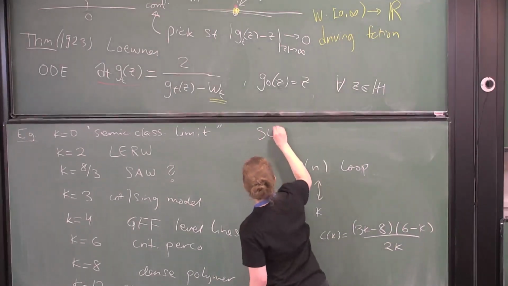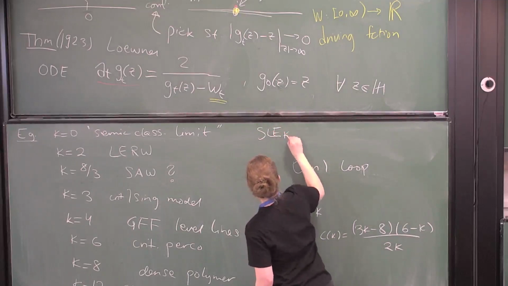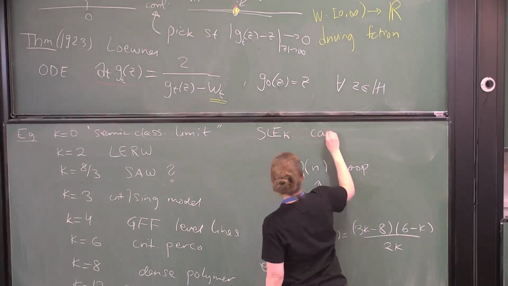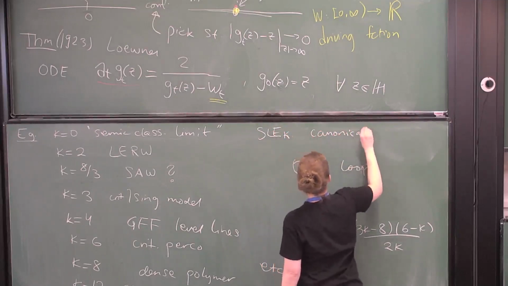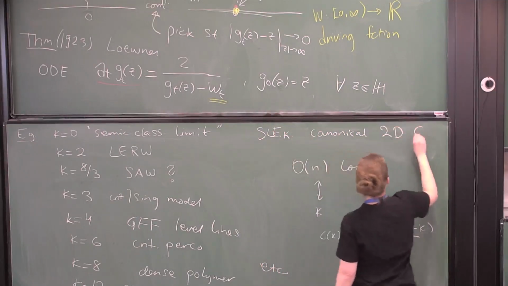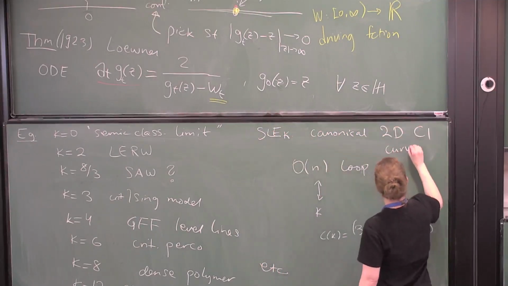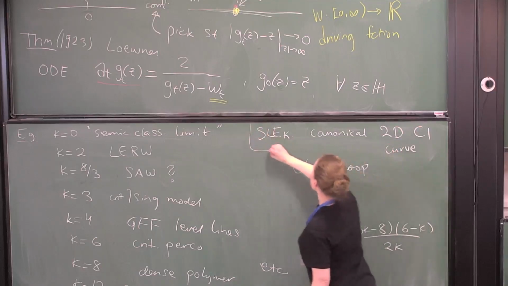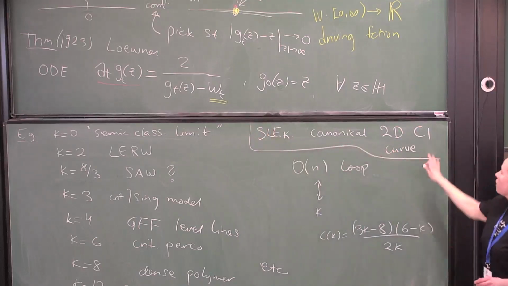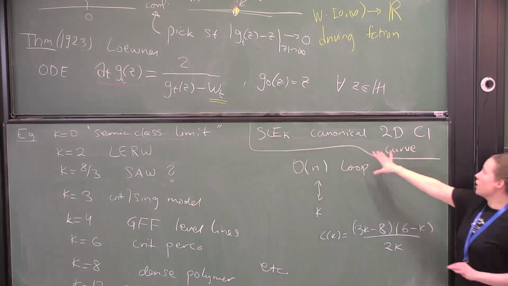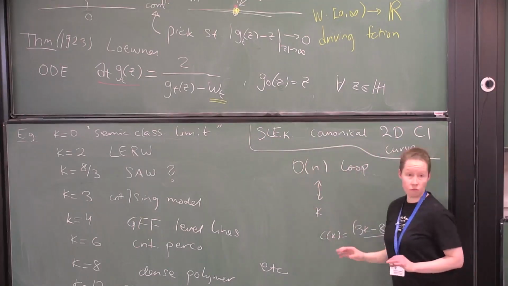You can call it SLE kappa. It's some kind of canonical 2D conformal invariant curve, and there's still this parameter that you need to fix if you look at different things.